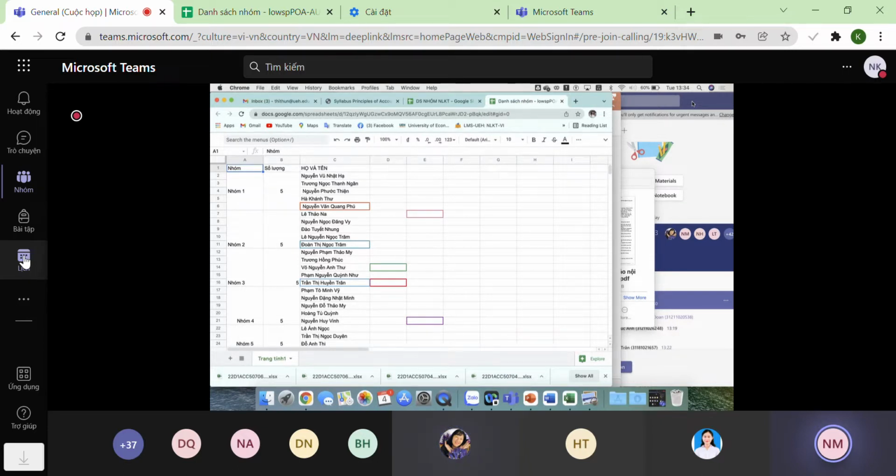Invest in commercial goods. Merchandise inventory, hàng hóa.